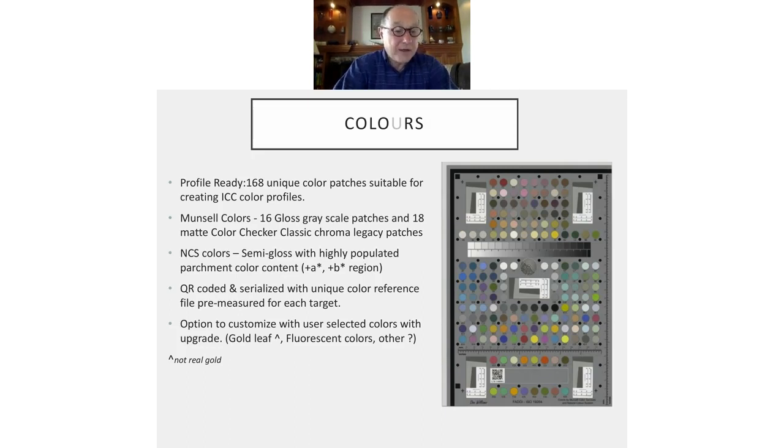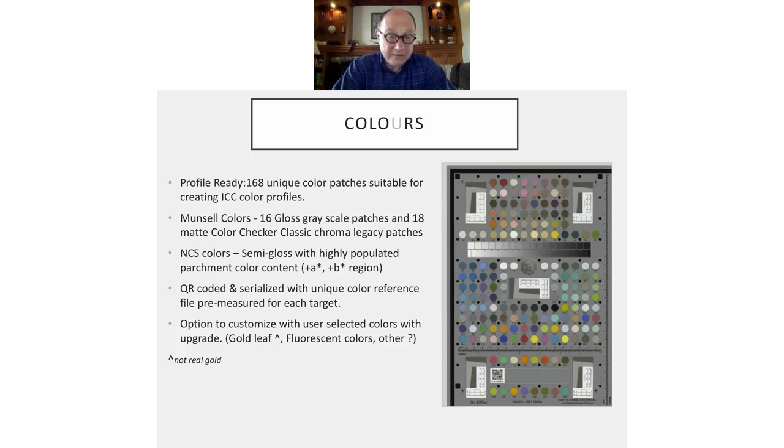Again, those are QR coded and serialized targets. Everyone is measured. With the target comes its own customized measurement, both spectrals and LABs. And, you know, everybody's special. So sometimes maybe people have their own colors that they're very interested in.